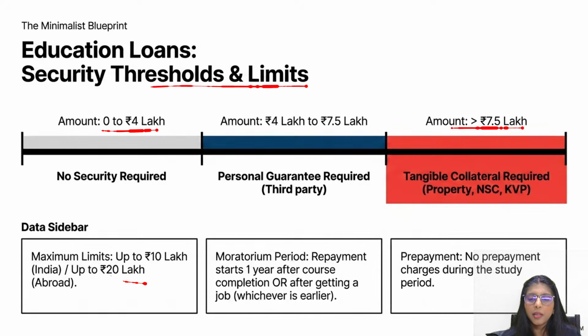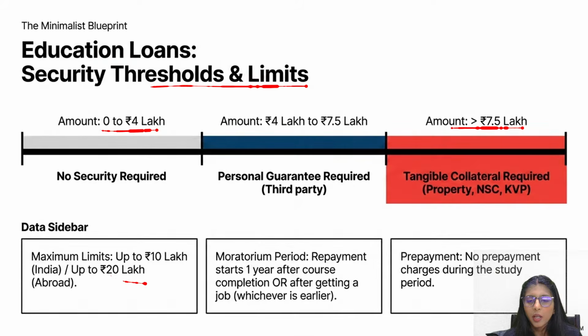Moratorium period. Repayment starts 1 year after course completion or after getting a job, whichever is earlier. Moratorium period is the time during which the borrower is not required to repay the principal amount of the loan immediately after taking the loan. So at this time, basically it's a holiday period.